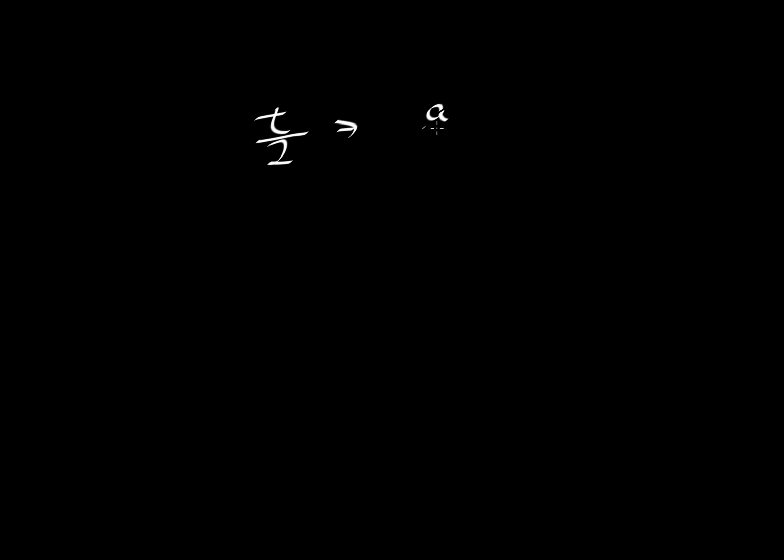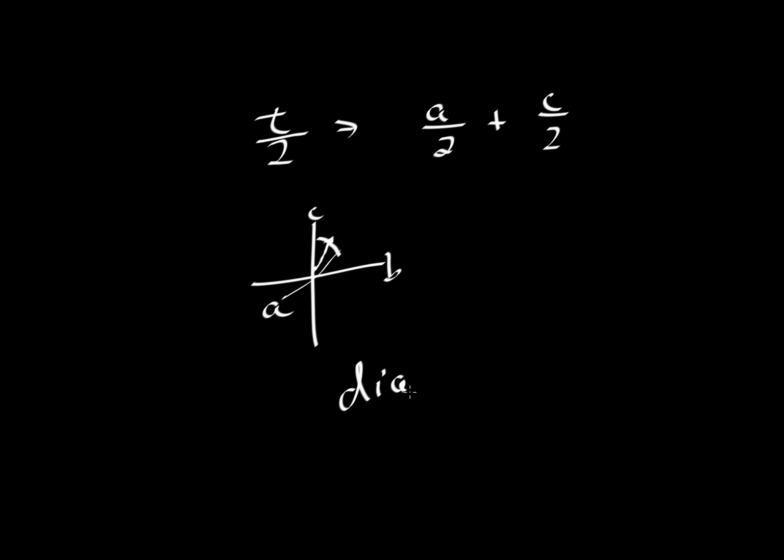Let's say we go half the distance along a, but then also half the distance along c. So we're ending up in a diagonal. So if this is a, b, and c, we end up going in some kind of direction here that's within the ac plane. So this would be referred to as a diagonal glide.